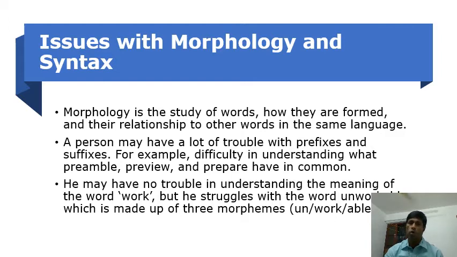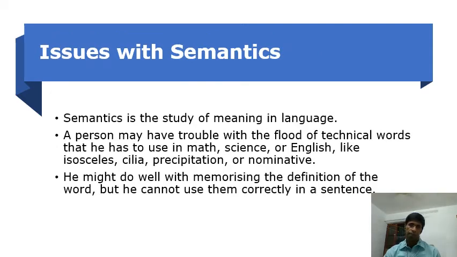He may have no trouble understanding the meaning of the word work. But he struggles with the word unworkable, which is made up of three morphemes. That may be very difficult for the person to spell or learn.